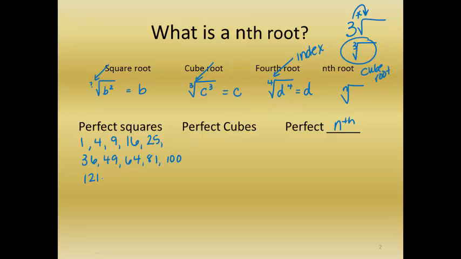We might go on, 121, 144, 169, where am I at? That's 13. 14 is 196, 225, and after that maybe we would go all the way up to 400. That would be 20 squared. So these are just some common perfect squares that would kind of jog our memory.